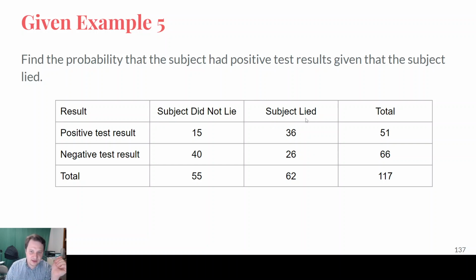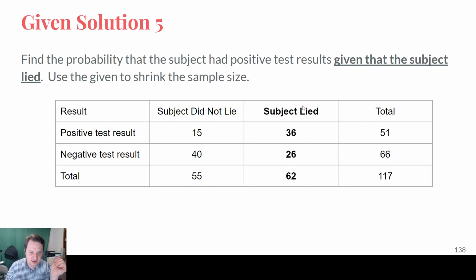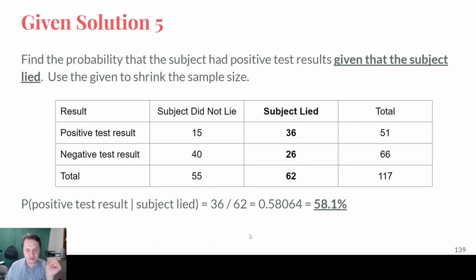Well, here you can see it says subject lied, so that's a column. We're only looking at this data in the given. Now it says find the probability that the person had a positive test result. So we can see that once again that's 36, except this time instead of dividing by 51, we're going to divide by 62. And so it's a slightly different total, giving us a slightly different probability.